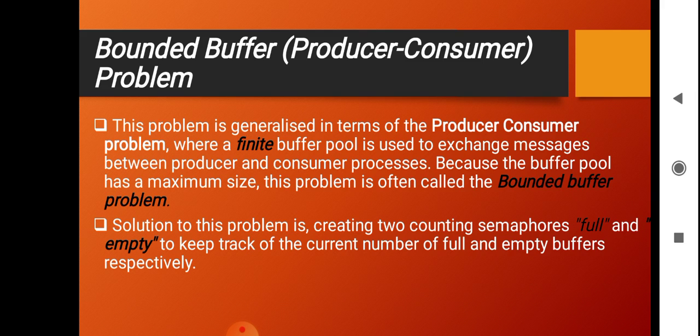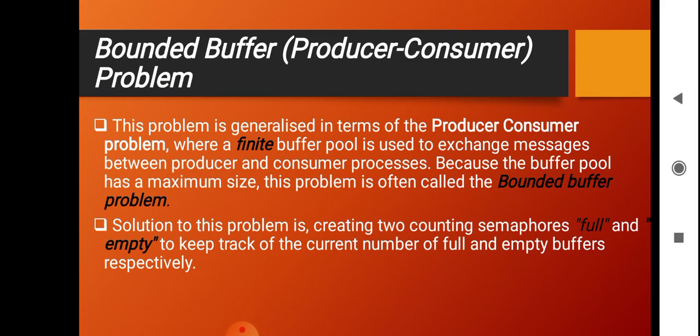size of buffer. Now this problem is generalized in terms of the producer consumer problem. As the name indicates, bounded means a finite buffer storage or pool is used to exchange messages between the producer and consumer processes.